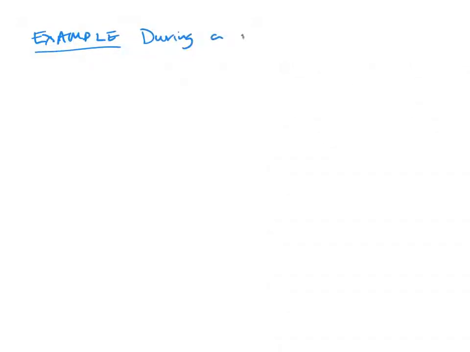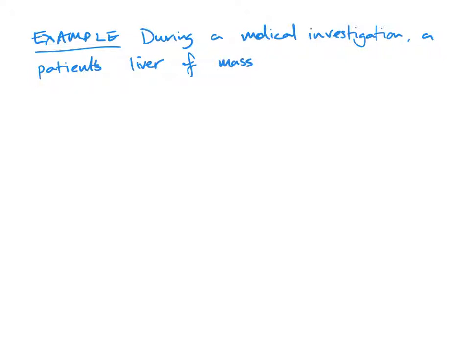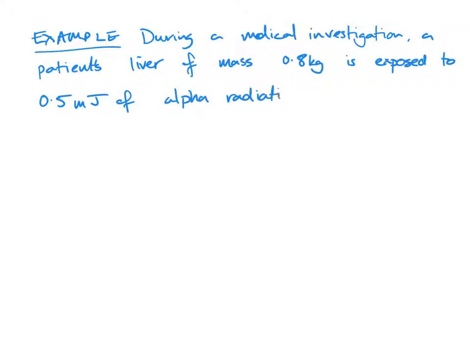So example, during a medical investigation, a patient's liver of mass, let's see, it'll be reasonable, 0.8 kilograms, is exposed to 0.5 millijoules of alpha radiation.